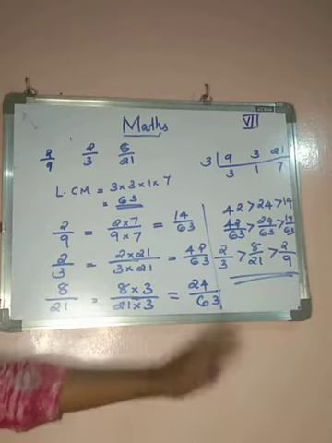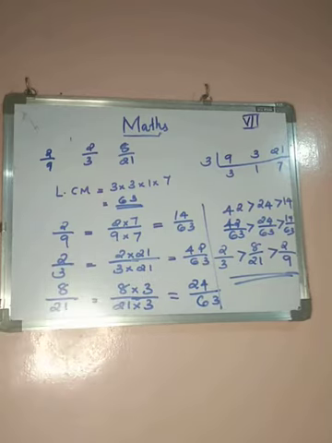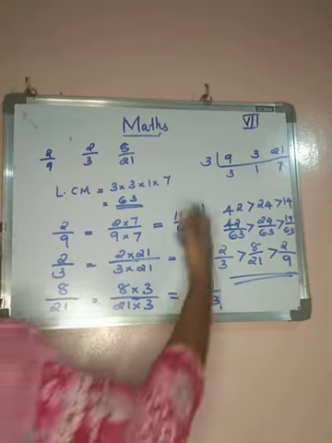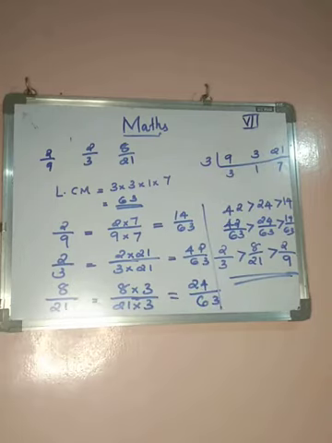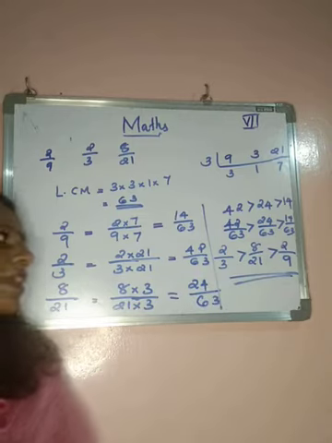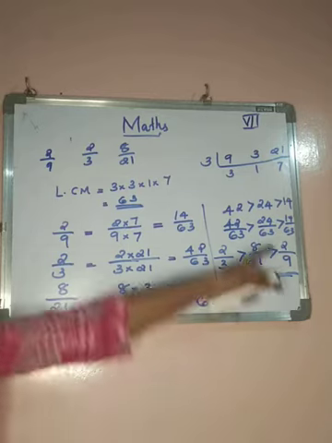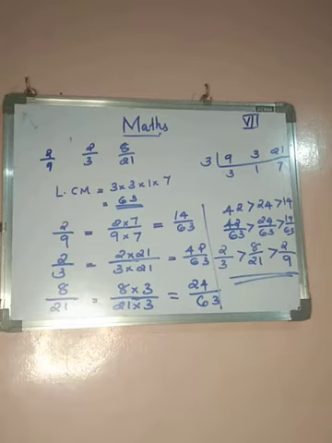These are like fractions because the denominators are the same, so we check the numerators. 42 is greater than 24, which is greater than 14. Then we get the answer 2 by 3 greater than 8 by 21 greater than 2 by 9.